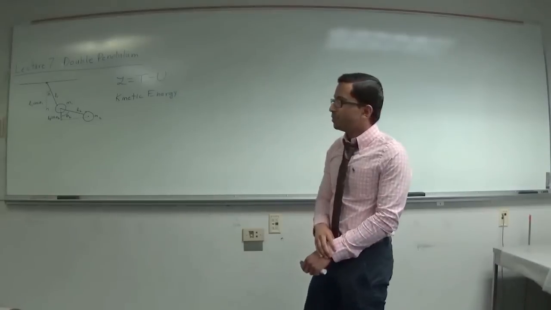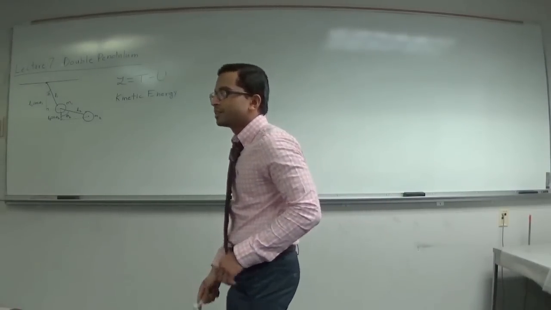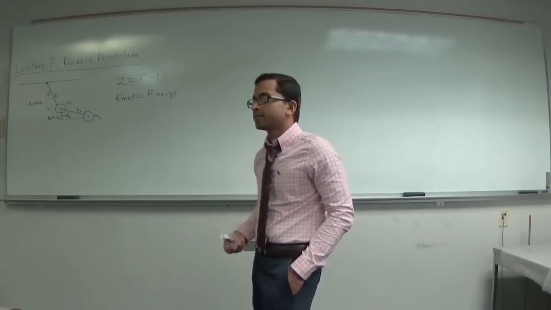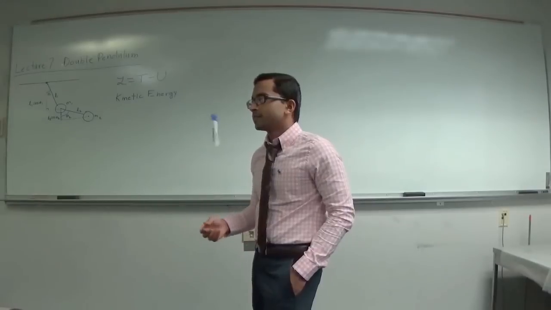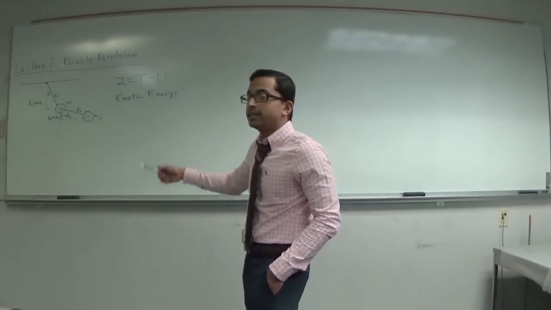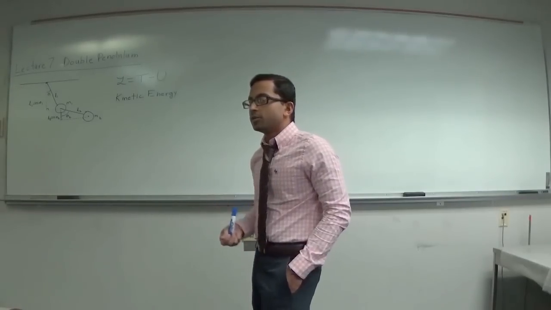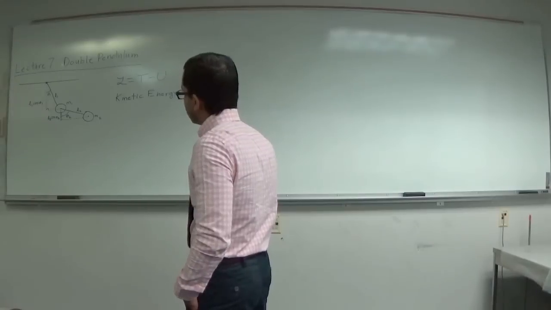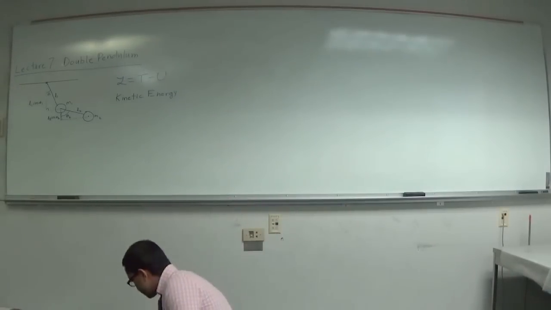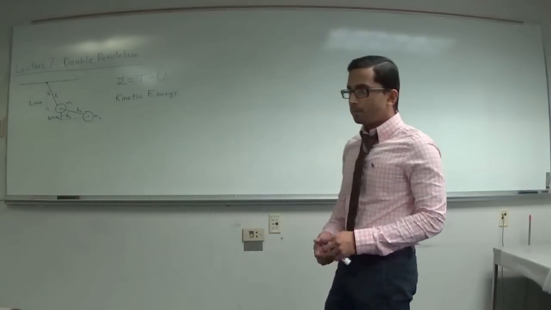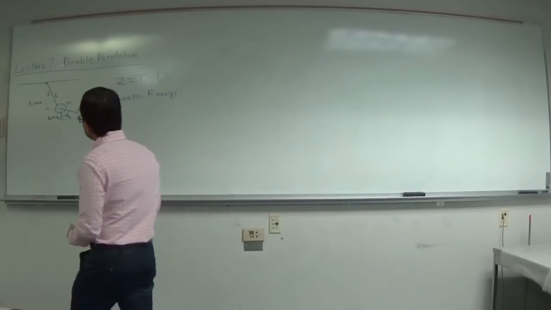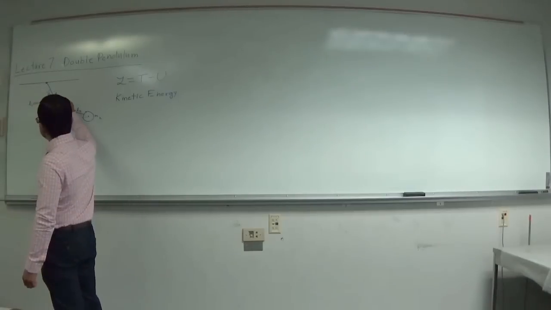So what do we need to do for the kinetic energy? There's no rolling here, so we're only looking for the translational kinetic energy. Which direction is this thing going to go?